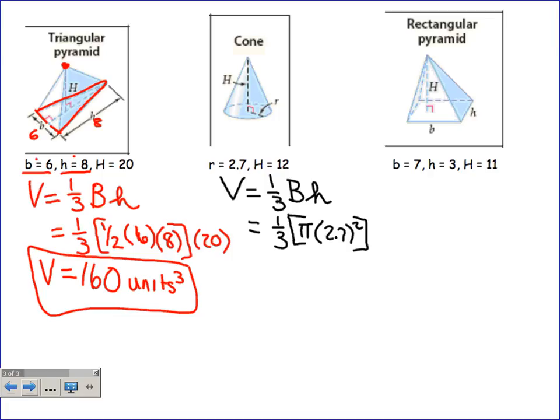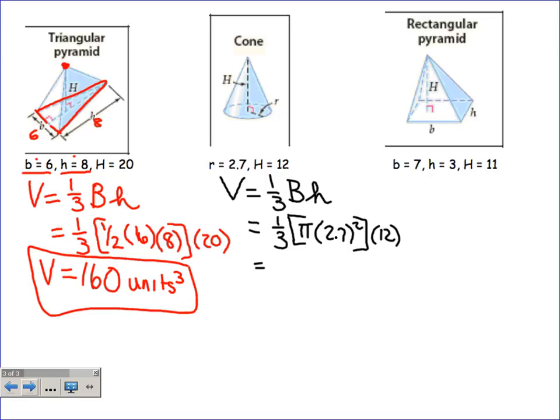And what's the height of the cone? 12. That's so good. Nice job. Let's see. 1/3 of 12 is 4. I mean, 4 pi times 2.7 squared. I have no idea what that is. We should just use the calculators. We're rounding to the nearest hundredth place.